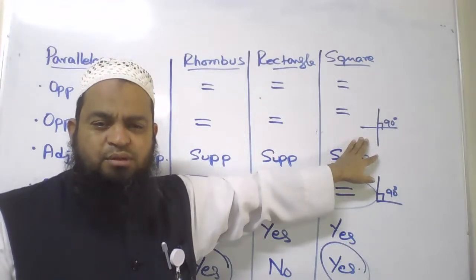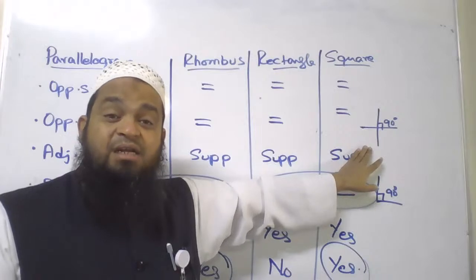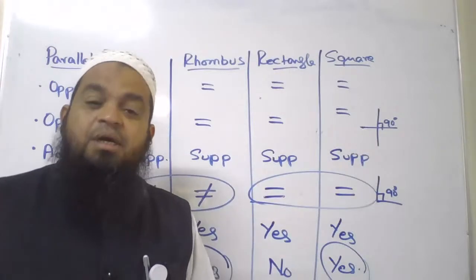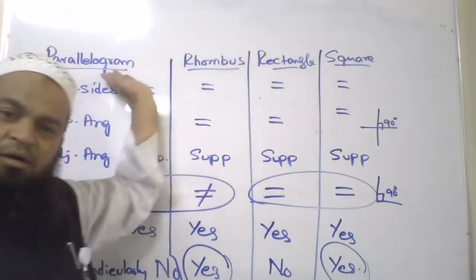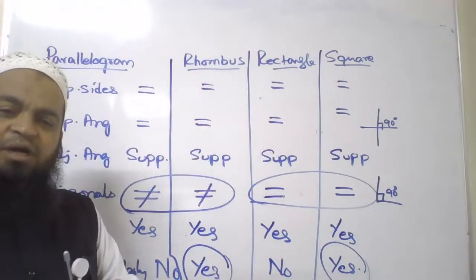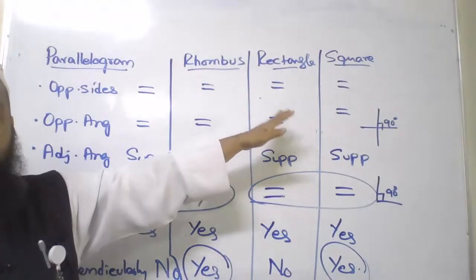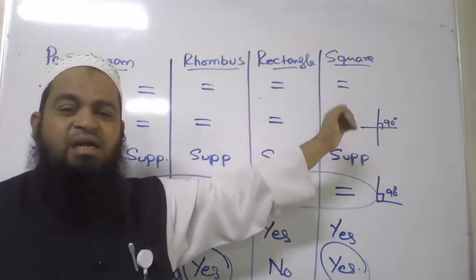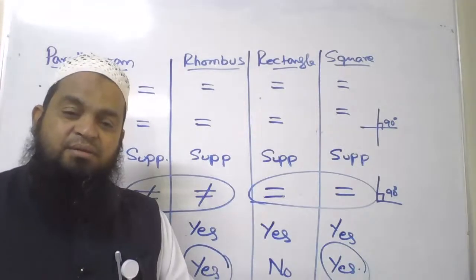Fast students, can they be called as parallelograms? Yes, because rhombus is a parallelogram, square is a parallelogram. So if anybody gives you in a problem, in a parallelogram PQRS, the diagonals bisect 90 degrees. Sorry, the angle between diagonals is 90 degrees.